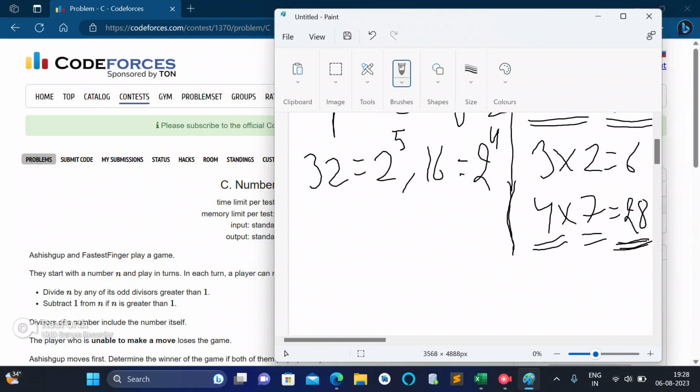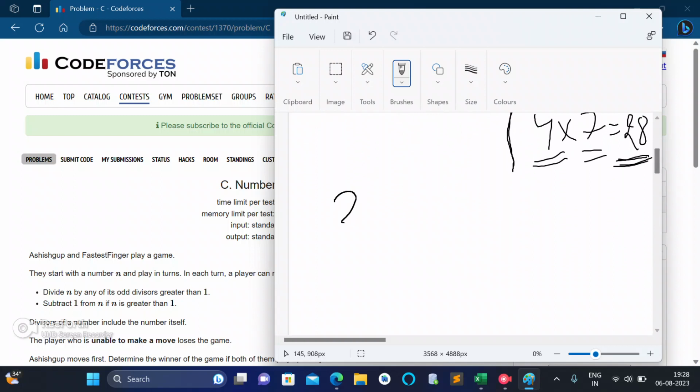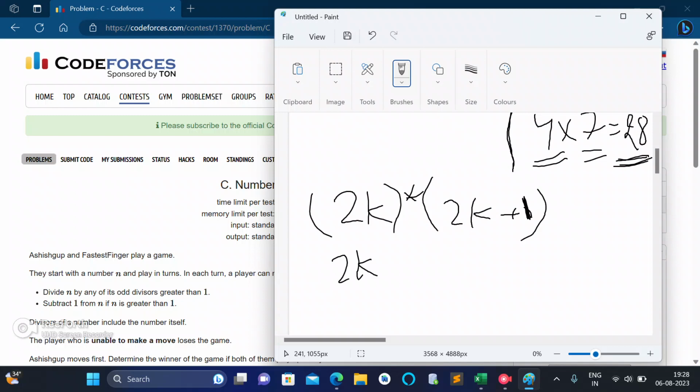Let me give you the proof of why I'm saying that the product of even and odd is always even. We can represent any even number in the form of 2k and any odd number in the form of 2k plus 1. Let's multiply both of them to get 2k square plus 2k.